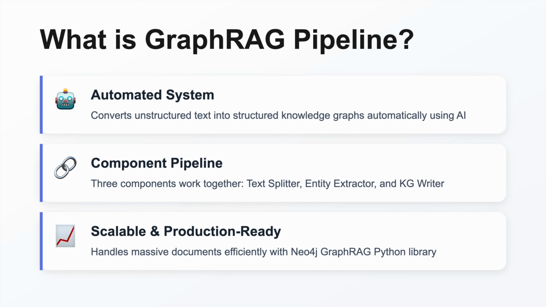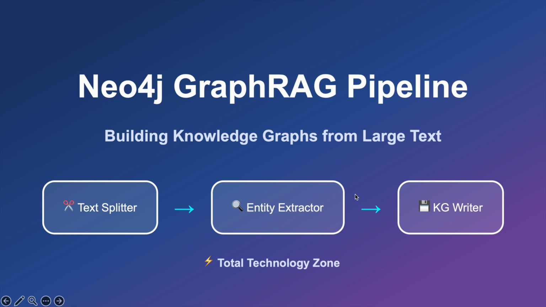Basically, we are going to create a single pipeline, and inside it the text splitter, the entity extractor and the knowledge graph writer will be added as components, and these operations will run sequentially. This will be step 1, this will be step 2 and this will be step 3. The output of the text splitter will be used as an input to the entity extractor.